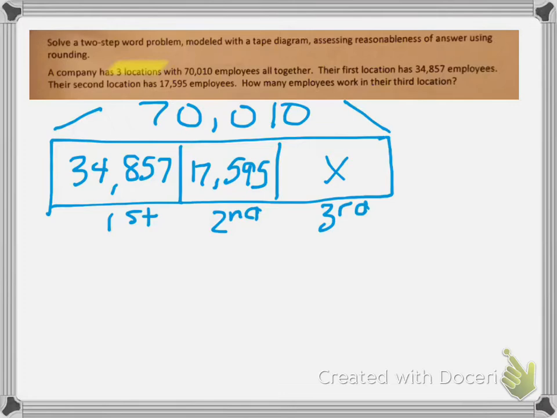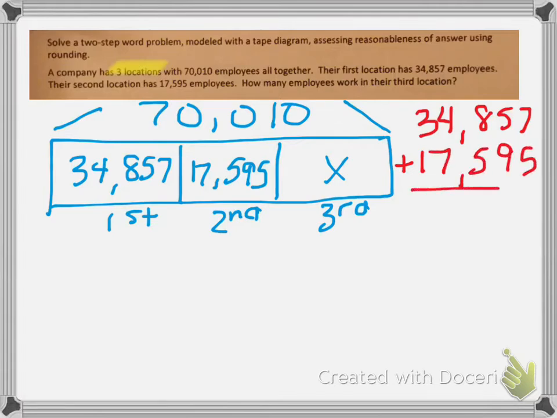So I'm going to come over here and do my adding. On the right, 34,857 plus 17,595. Okay. 7 plus 5 is 12. I'm going to bring the 1 over. 5 plus 9 is 14, plus 1 more is 15.